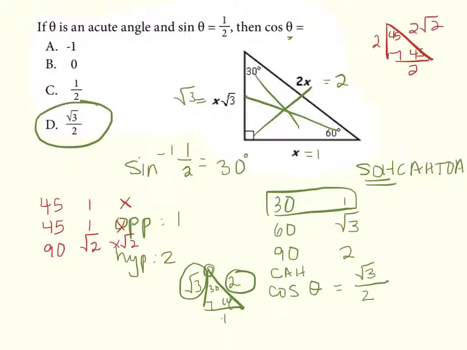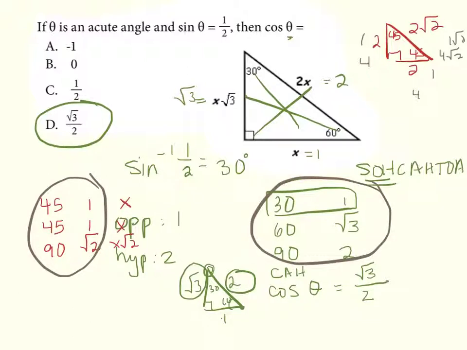If this is 1, and this is 1, then this is 1 square root of 2. If this is 4, and this is 4, this is 4 square root of 2, and so on and so forth. So these are the two things that you need to remember: the 45, 45, 90 is 1, 1, square root of 2, and the ratio for 30, 60, 90 is 1, square root of 3, and 2.